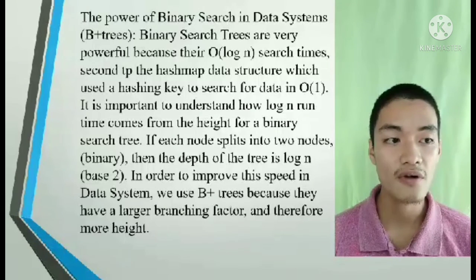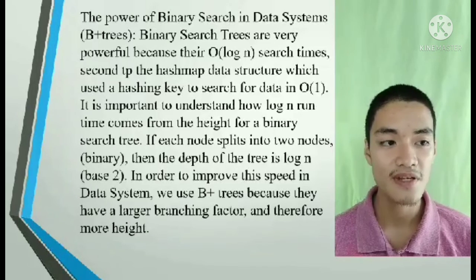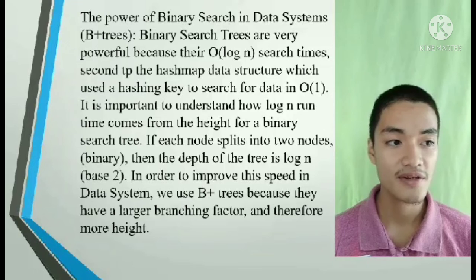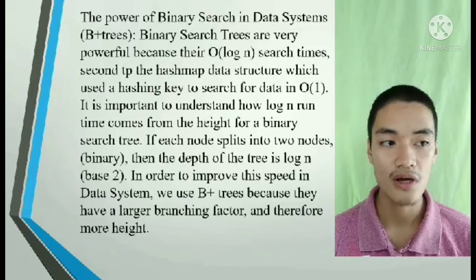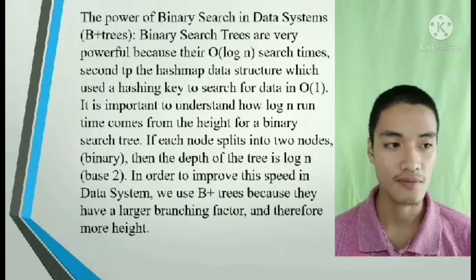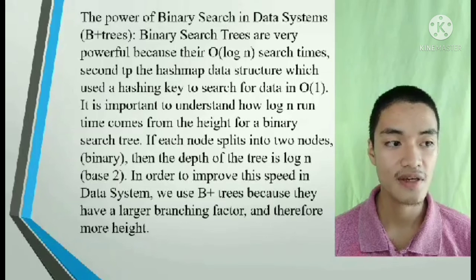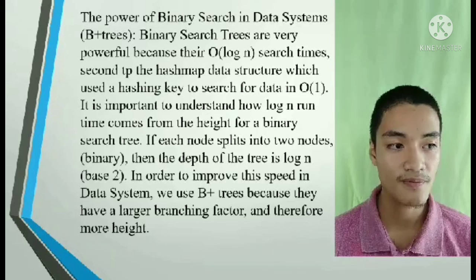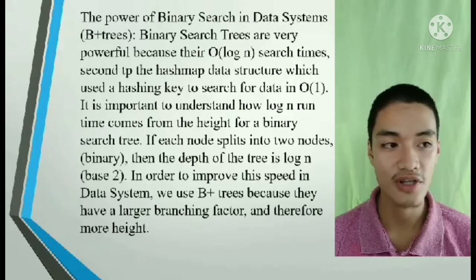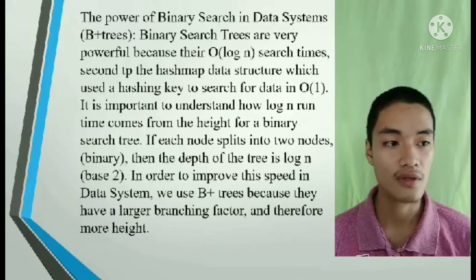So, the power of binary search in data systems: B+ trees. Binary search trees are very powerful because of their O(log n) search times, second to the hash map data structure, which uses a hashing key to search for data in O(1).